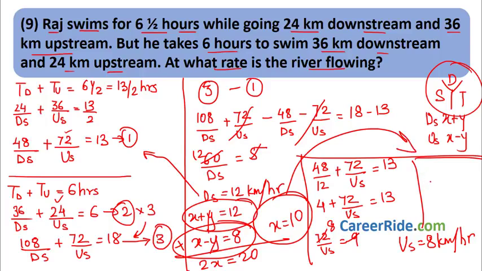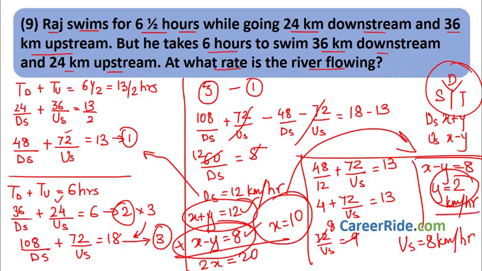The value of x is 10, right? We know x minus y equal to 8. We can take any equation. x minus y is 8, so 10 minus y is 8. So y will be 10 minus 8, that is 2. So the speed of the river, or the rate at which the river is flowing, is 2 kilometers per hour.